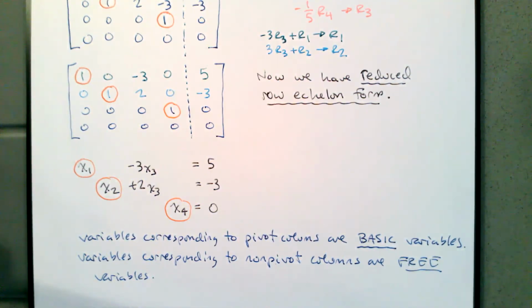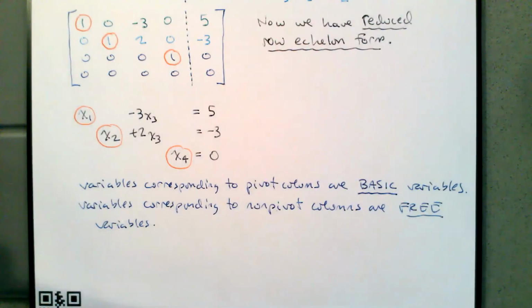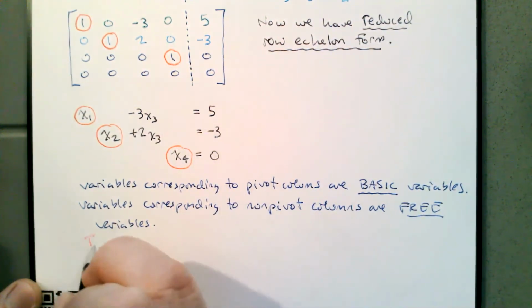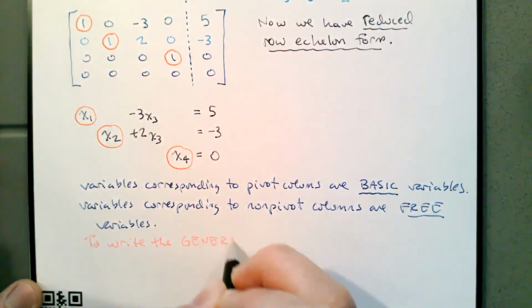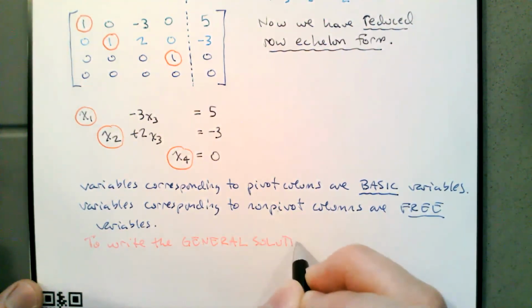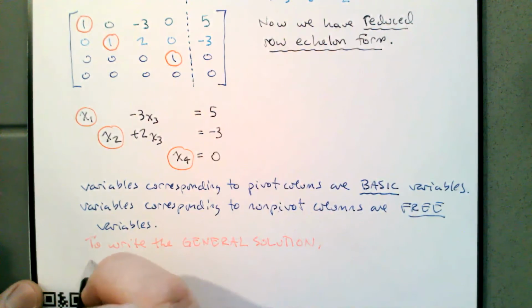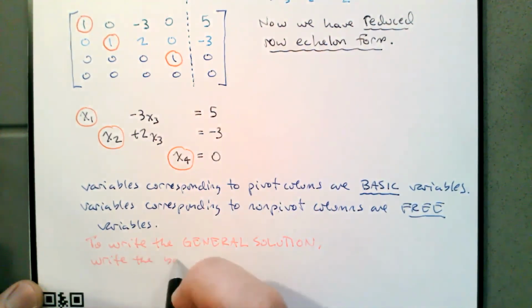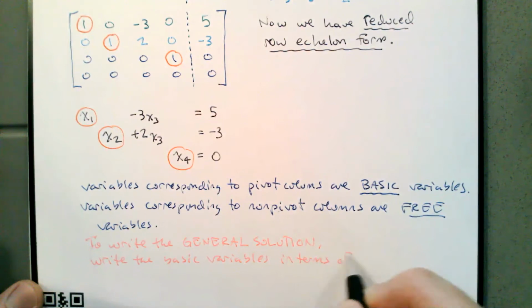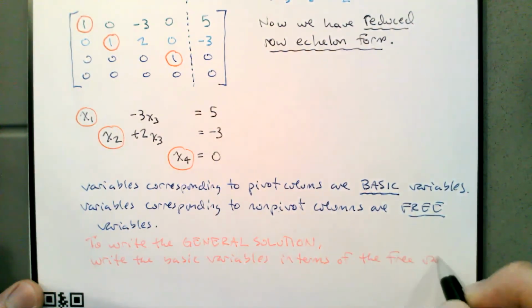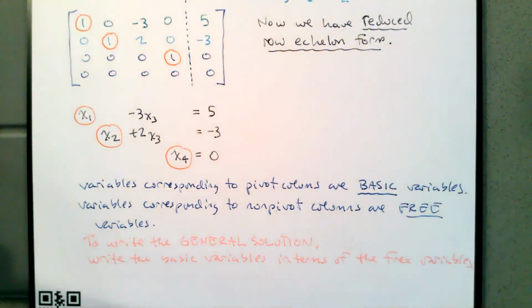To write the general solution, we solve for the basic variables in terms of the free variables.